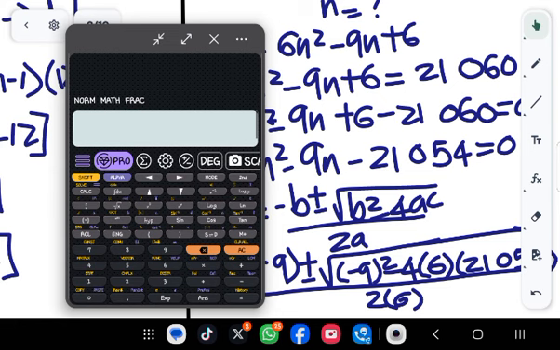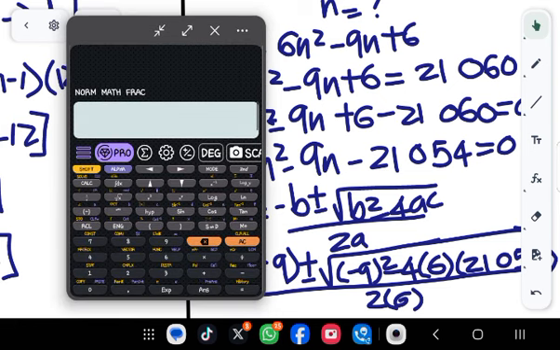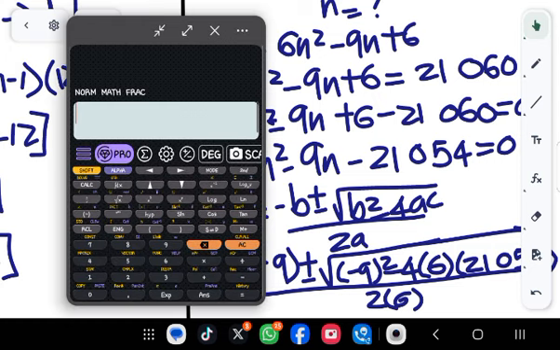So we've got, alright, let's go. Common fraction button, there it is.